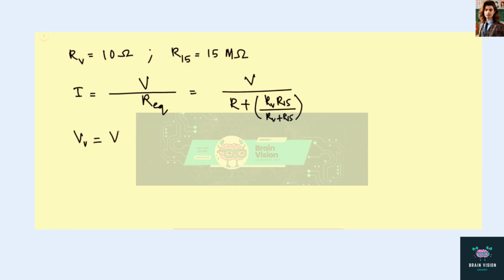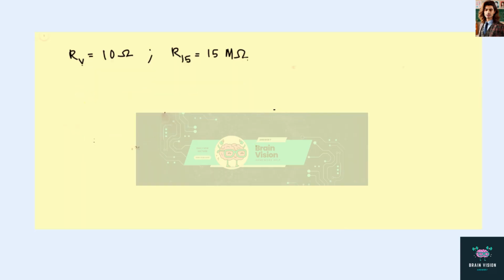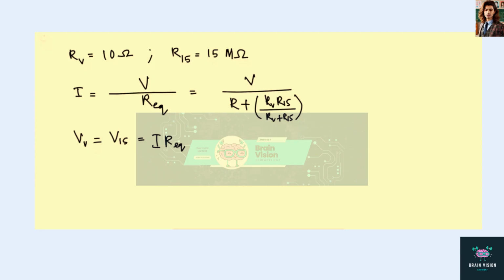So VV should be equal to V15. And V15 by Ohm's law is the current flowing through the resistor times the resistance, and here we have to use the equivalent resistance of the internal resistance and the 15 mega ohm resistance.